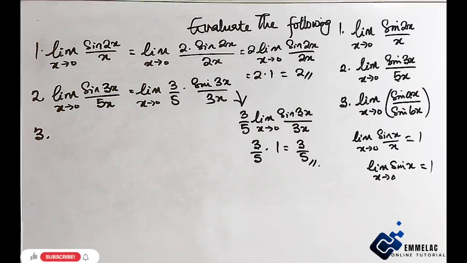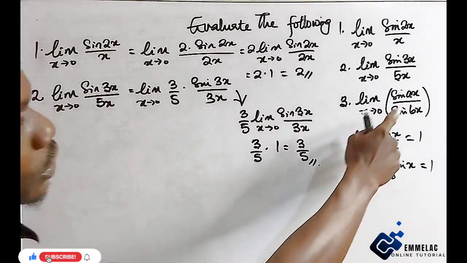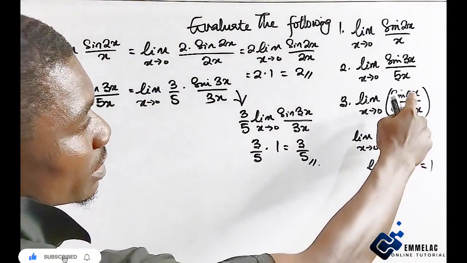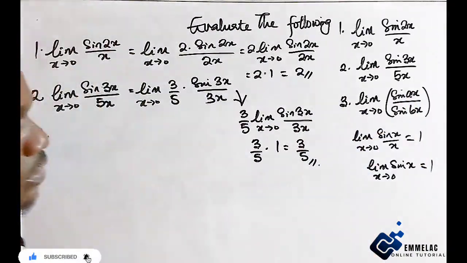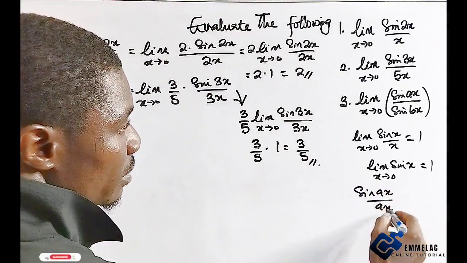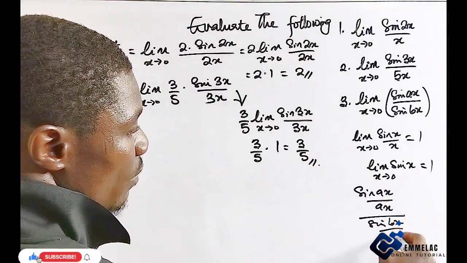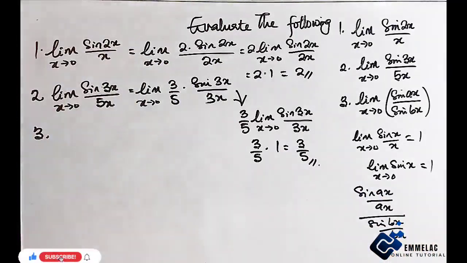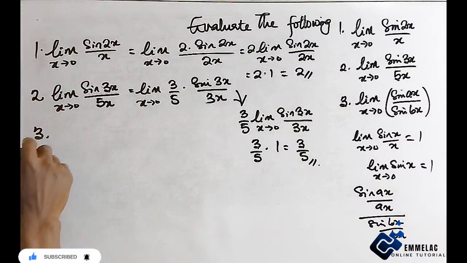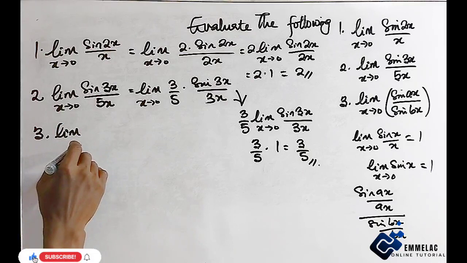To solve this, we ask ourselves how we resolve it to have the same terms, something like sine ax all over ax and sine bx all over bx. The best way, I think, is that the first one here will be sine ax all over ax.